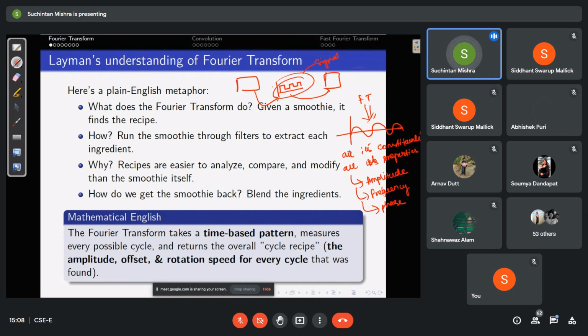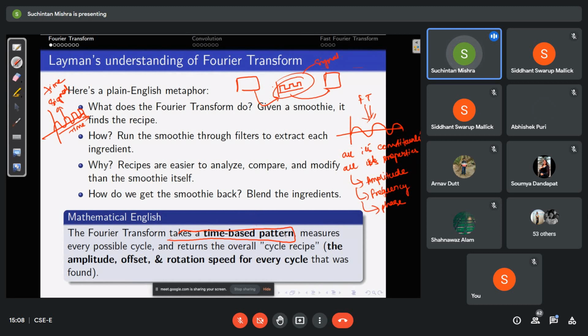Okay, so basically Fourier transform takes a time-based pattern. What is a time-based pattern? This is if the time increases in this order, a time-based pattern is nothing but a signal. Okay, or a time-based signal.